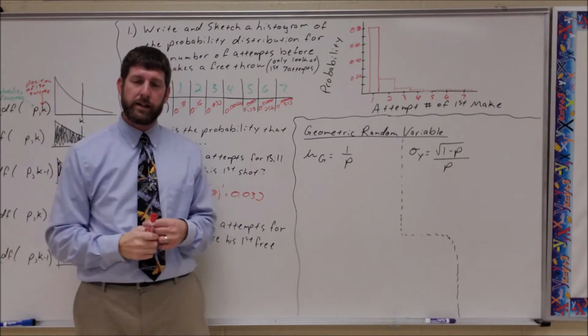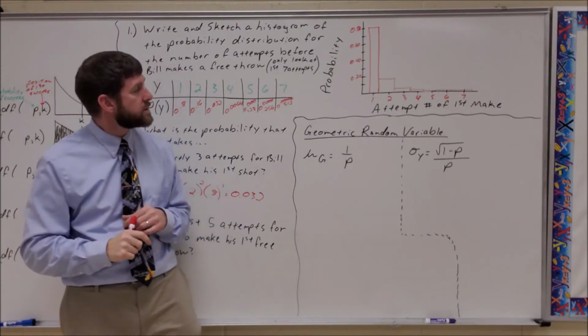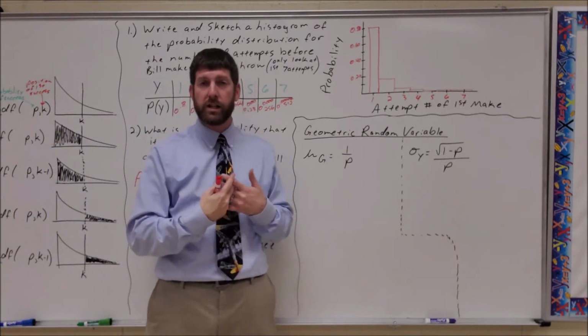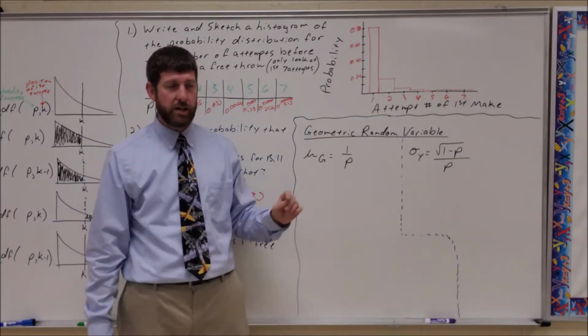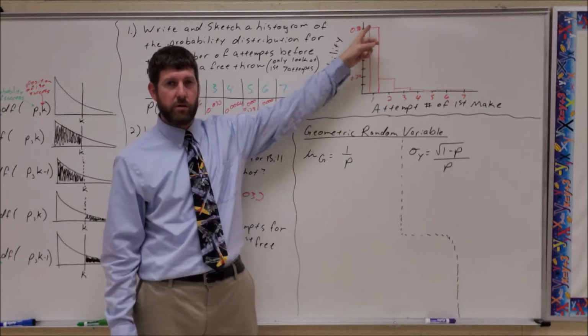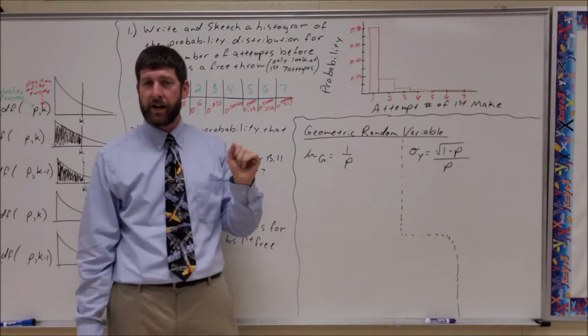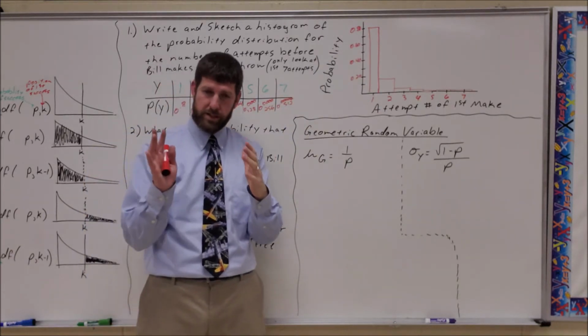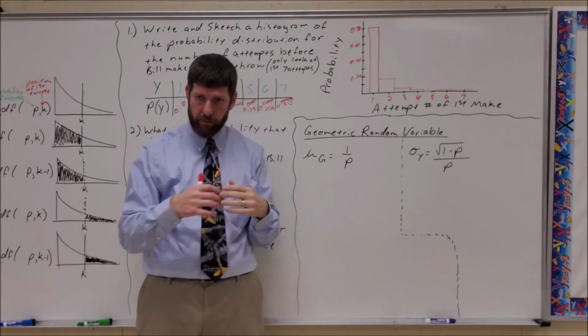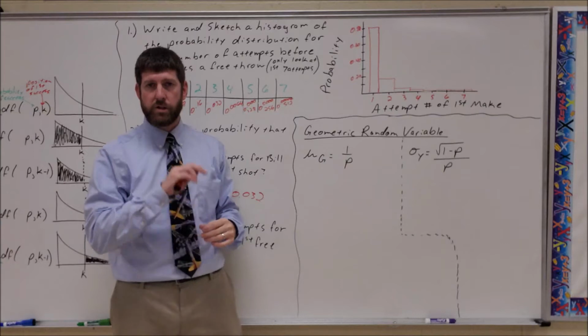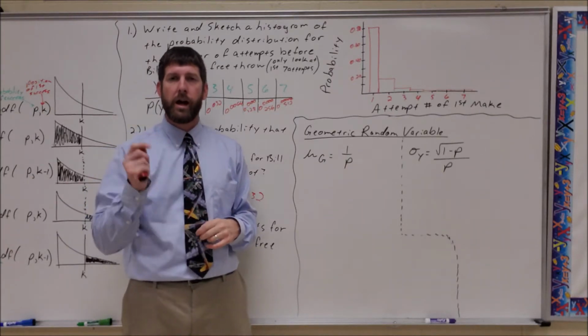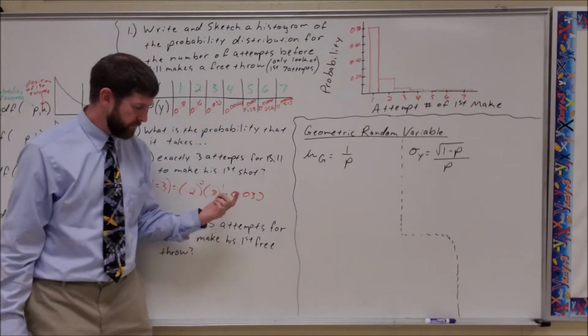The most likely outcome is for him to make somewhere between 5 and 6 if he's trying 7. This is different because this is always going to be a right skew distribution. On binomials, if your probability is less than a half, you're going to have a right skew distribution, but if it's greater than half, you're going to have a left skew distribution. Geometrics are 100% right skew, and it's because of the way they're calculated.